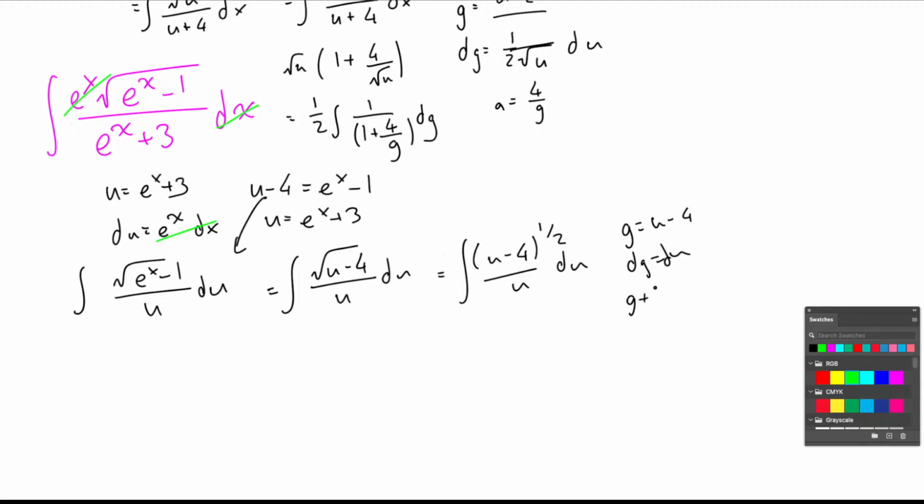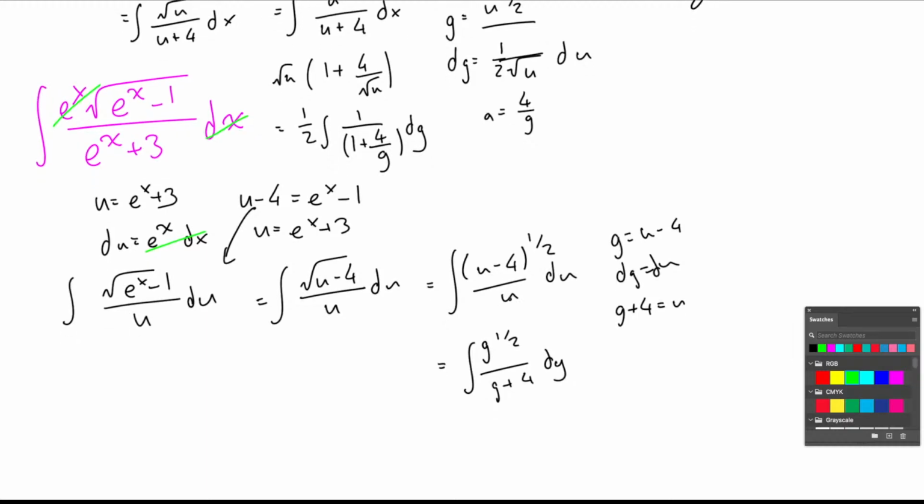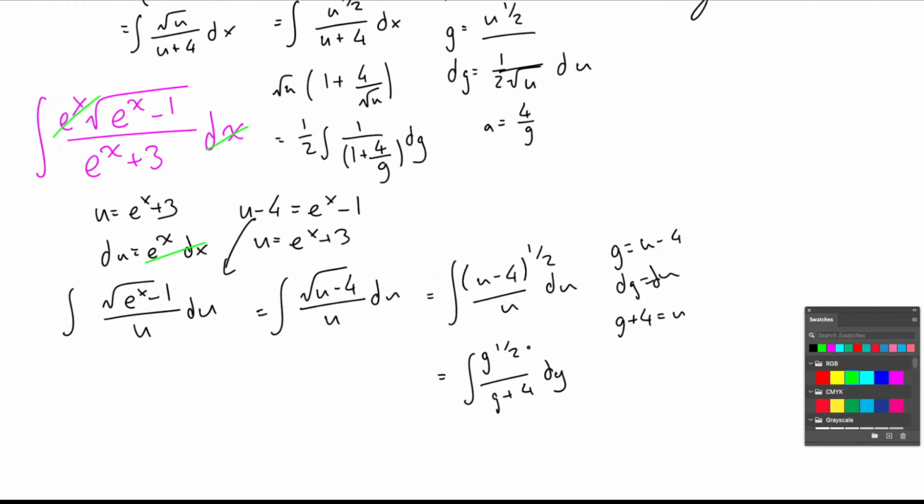So g plus 4 equals u. I'm pretty sure I'm going in circles. g to the 1/2 over g plus 4 dg. And we're back to the earlier position.